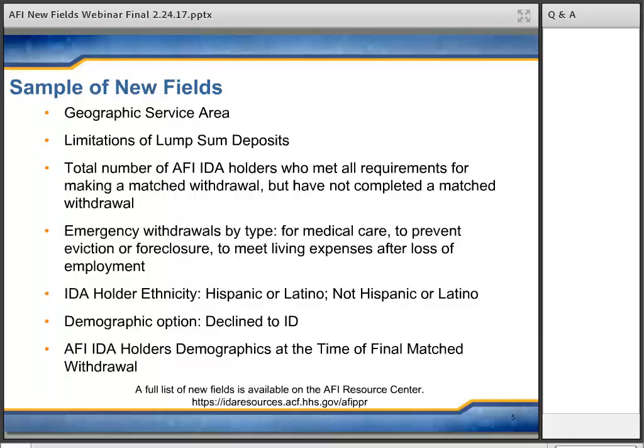Just don't put the difference as not Hispanic Latino. Don't assume that just because you have 30 IDA holders, 10 of them previously reported being Hispanic, that the other 20 are not. It's not an unwise assumption, but don't make it. Just report the 10 who did say they were Hispanic Latino in the ethnicity category that is now separated from the race category.